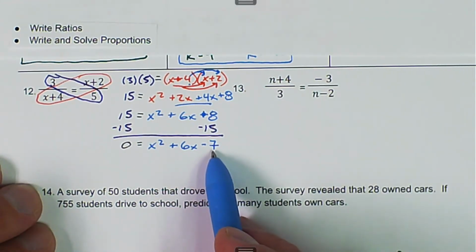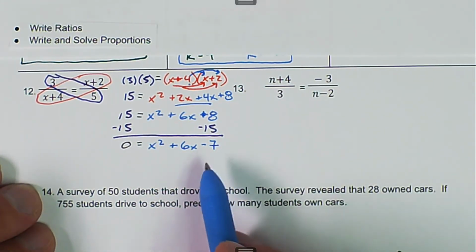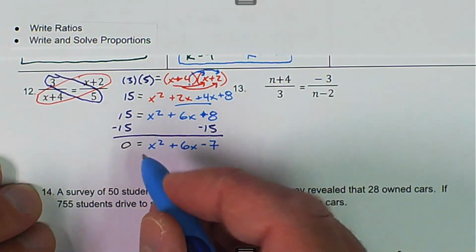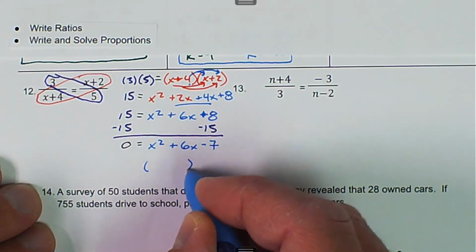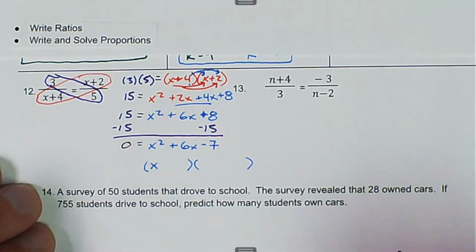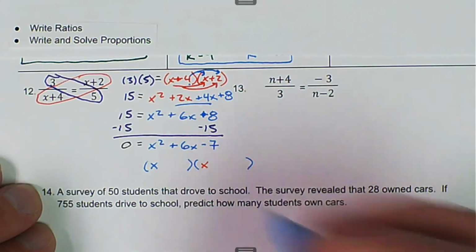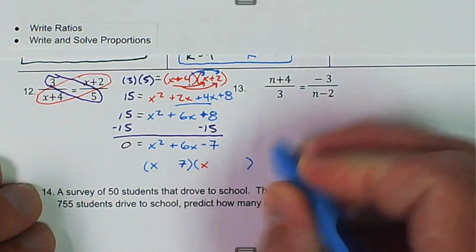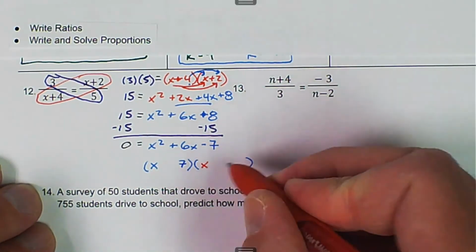And the only thing to multiply to x squared is going to be x and x. And the only thing to multiply to 7 has to be 7 and 1.